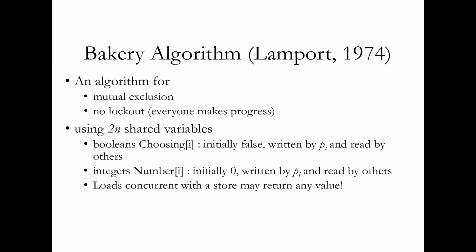You get a ticket, maybe like at a post office, or other places where you get a ticket and have to wait in line, right? When they finally call your ticket number, then you enter. That's the same idea here. Your current ticket number is stored in this number array. Initially 0 is when you don't have any ticket, and otherwise it's going to be greater than 0.